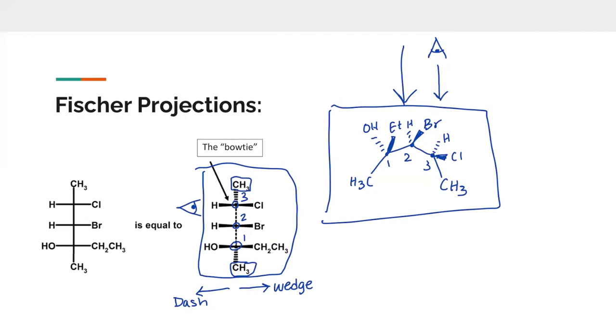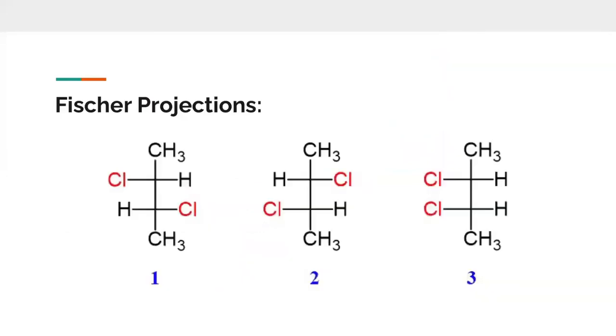But lastly, in our last minute or two, we are going to talk about why Fischer projections are useful. Fischer projections are mainly useful for quickly identifying meso compounds. Back in our last few examples, to identify a plane of symmetry, we had to rotate our molecule in our mind and try to draw them out, and it took a little while.